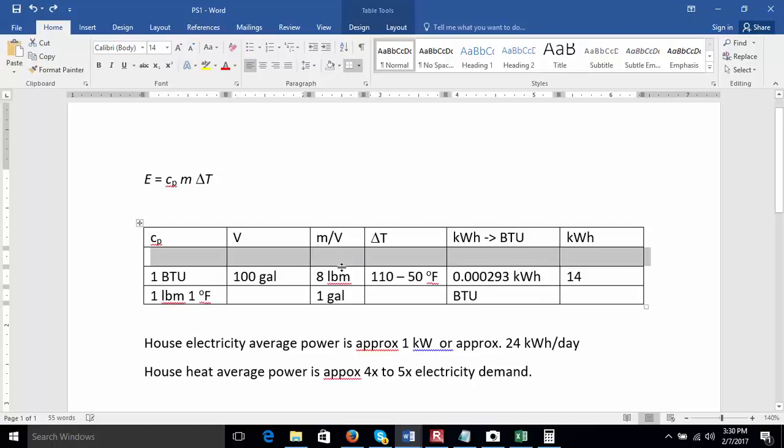It's pretty hard to argue with this once you start going through and doing this, strike through pounds, cancel, BTUs cancel, gallons cancel, degrees Fahrenheit cancels. So, for me, it just works. Everything's just on one line. Then all the units cancel, and you're just left with your kilowatt hours right there.